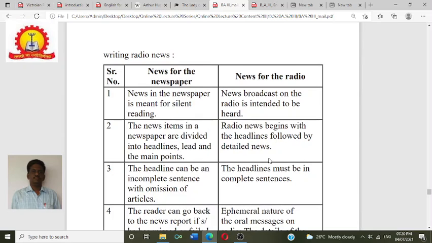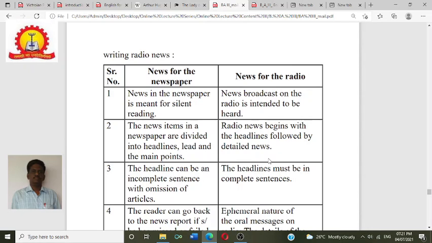And now let us read the difference between news for the newspaper and news for the radio. What is the basic difference between these two? See, the first difference is that news in the newspaper is meant for silent reading, and the reader will read it. We are only supposed to publish it in the newspaper.